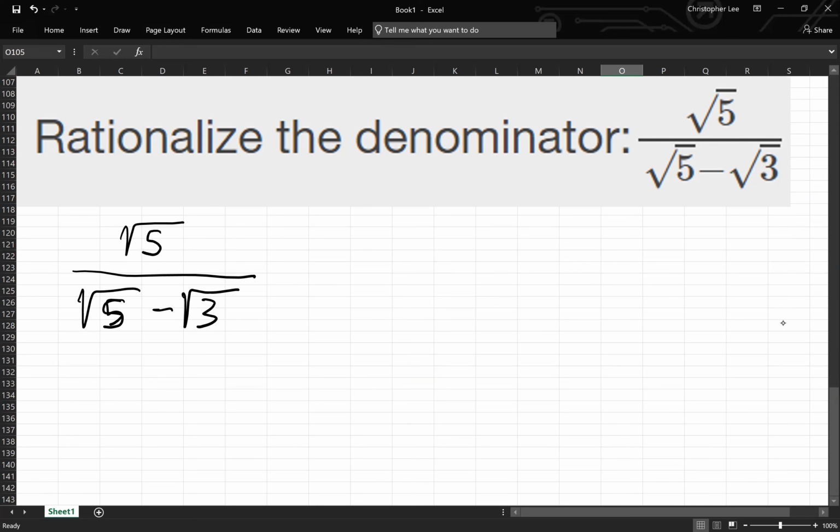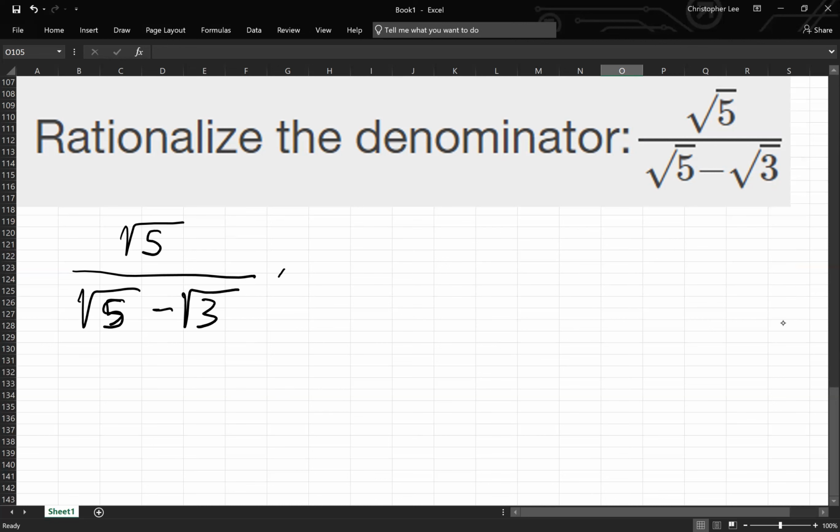So what's illegal here? The radicals, right? It's illegal for me to have radicals in my denominator. So how do I get rid of the radicals in the denominator?